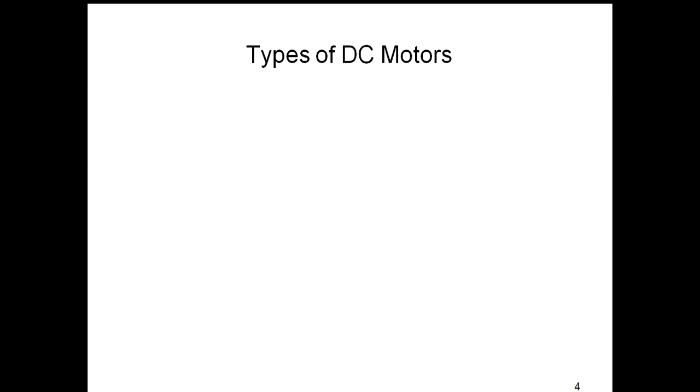Now let us see the various types of DC motors.